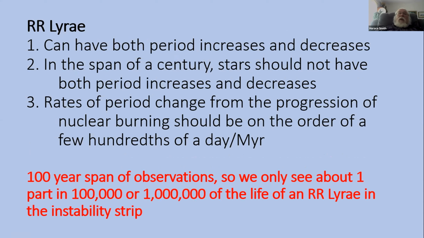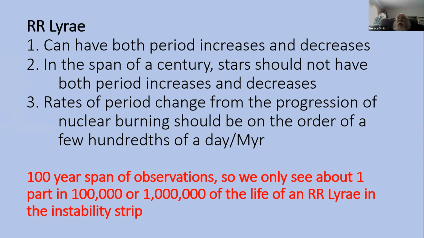Predictions allow both period increases and decreases, but predictions say that in the span of a century, most stars should show evolution in only one direction. That is a period increase or a period decrease, not much of a change at all, but very few stars should show both period increases and decreases in the span of a century due to the progression of nuclear burning.